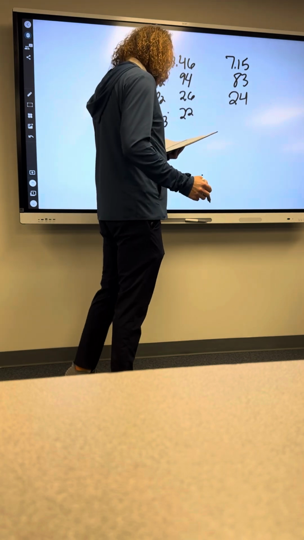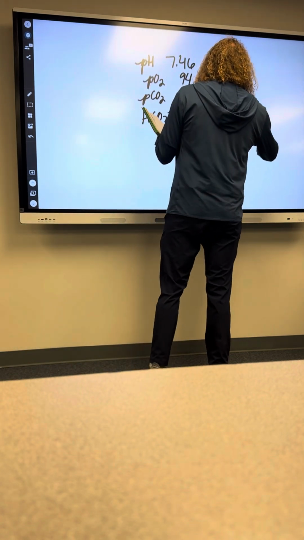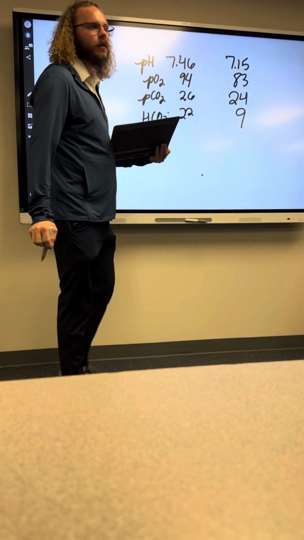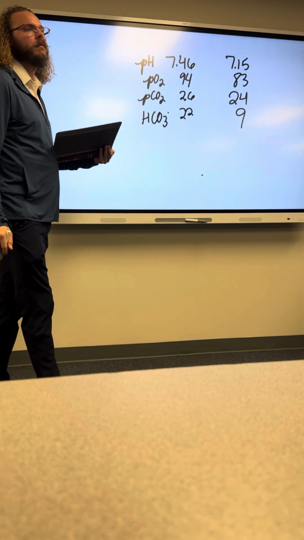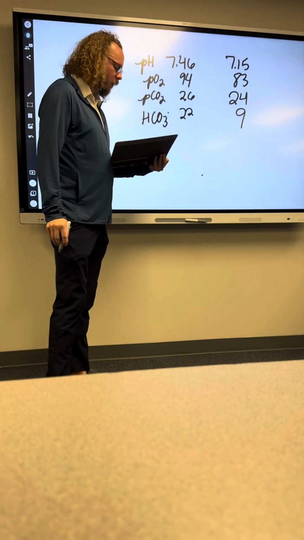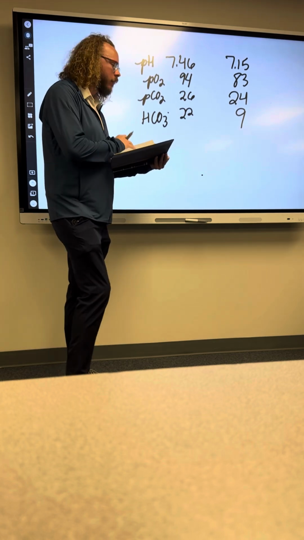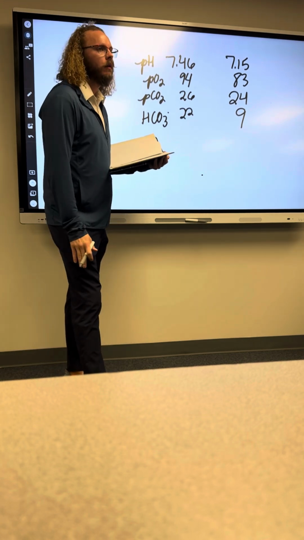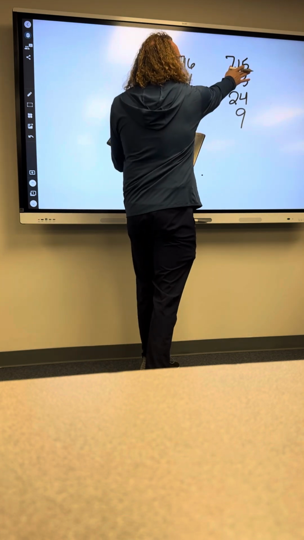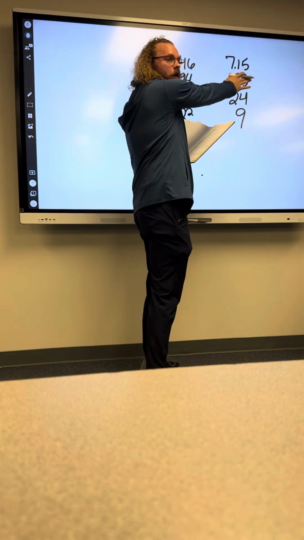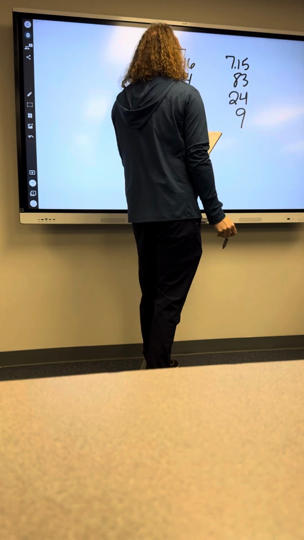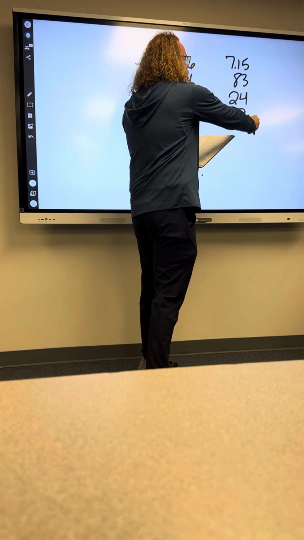Here's our big shocker: bicarb has dropped down to 9. That's an acute kidney injury right there. She has torn up her kidneys. What would that be considered? Metabolic acidosis. Perfect. And which is more out of normal here?